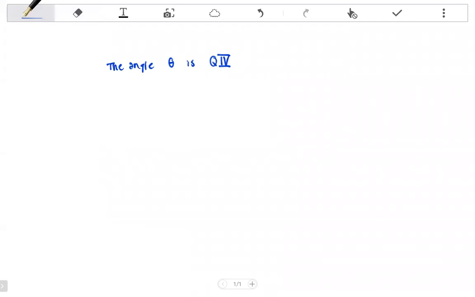Quadrant 4, and we know that cosine theta is 3 over 5. This is all part of the question, and we're asked, what is sine of theta? So that's our question. We're given these three parts of information, and we want to solve it.